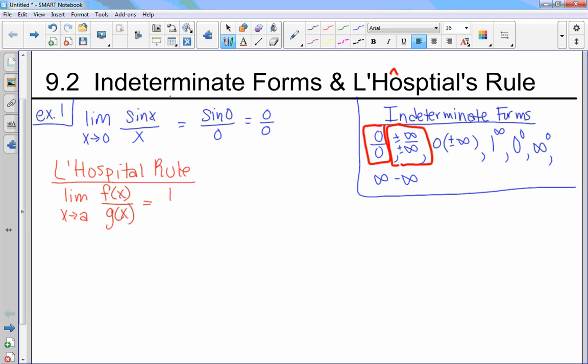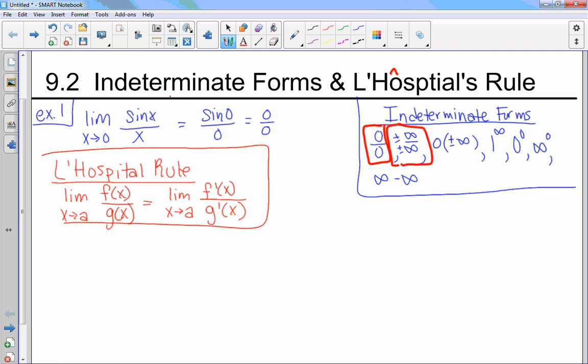Okay? What's the derivative of f of x? F prime, so that one's separate. You do not do quotient rule. And the derivative of g of x is g prime of x. Okay? And that's given that g prime of x doesn't equal 0.